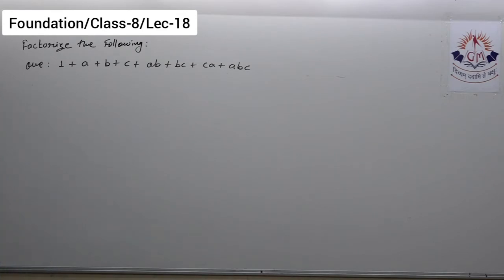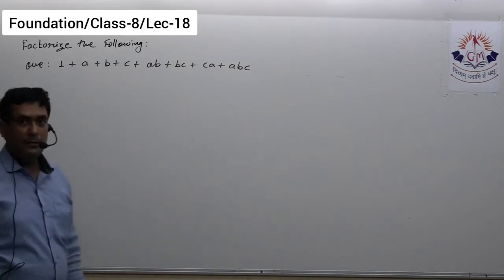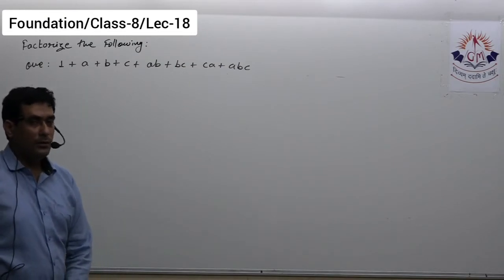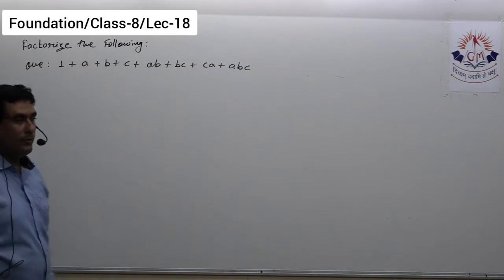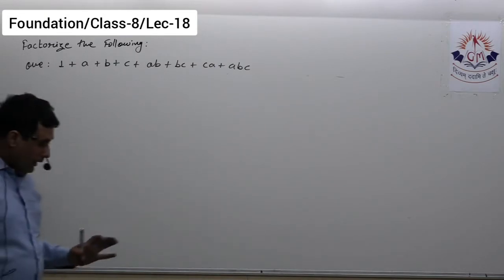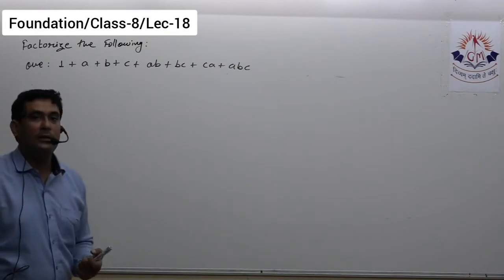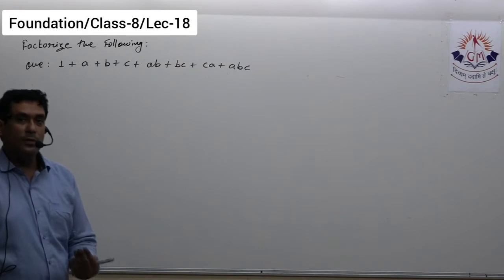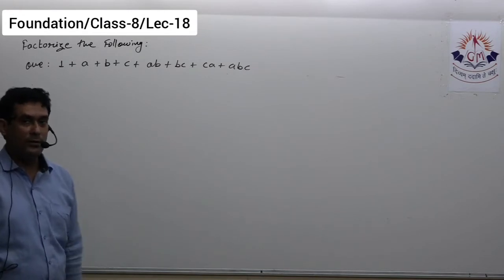One hint that I can give you is that definitely you won't get a common factor from the first two and the next two and the next two. You have to rearrange the terms to get the common term. So try to rearrange the terms in a way so that you can get common, and also after taking common, whatever is left in the bracket should be the same, so that you can find the factors further.